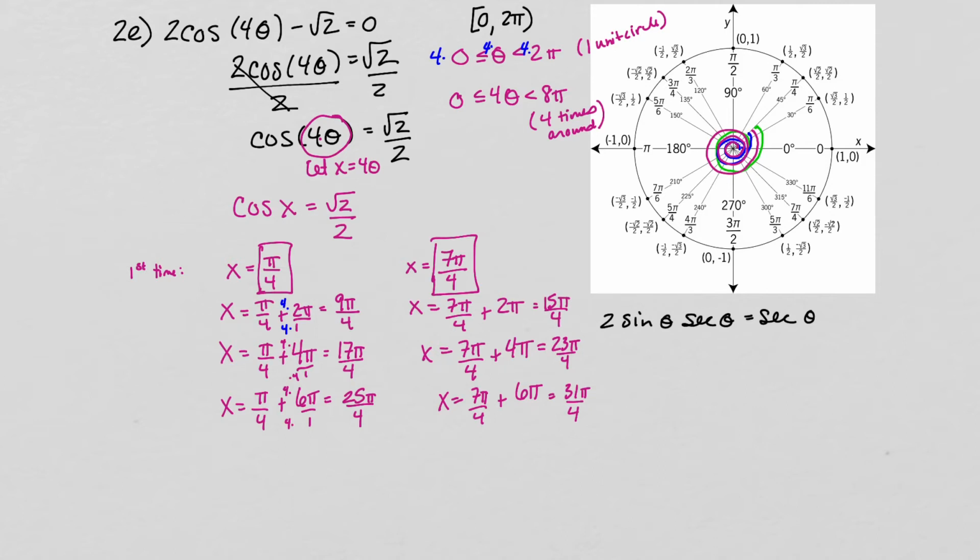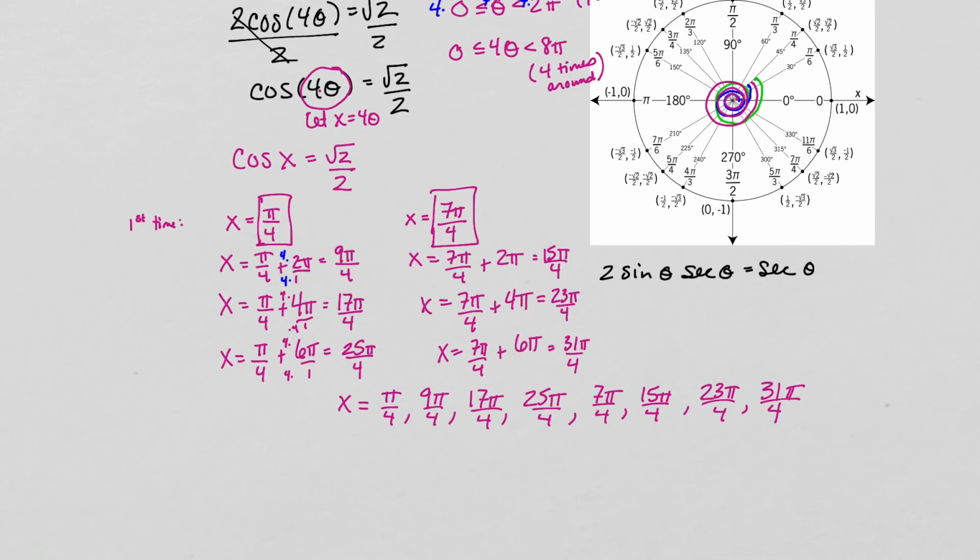Okay, so what I have so far is that our x value is going to be either pi over 4, 9 pi over 4, 17 pi over 4, 25 pi over 4, 7 pi over 4, 15 pi over 4, 23 pi over 4, or 31 pi over 4. So right now, those are all the possible answers I have.